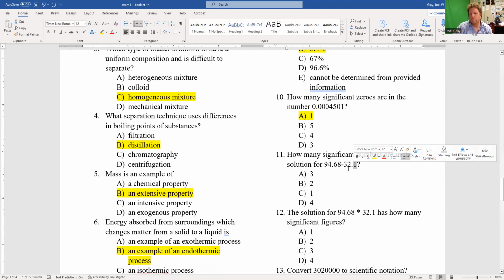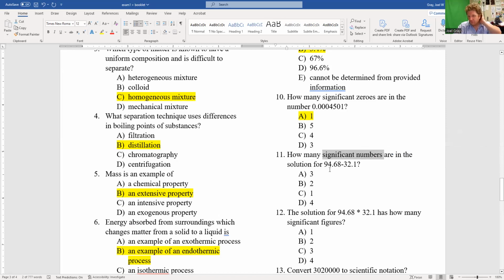And so we have 94.68, so that's 2 digits beyond the decimal, and then 32.1, that's 1 digit beyond the decimal. The question asks us how many significant figures are in the solution. So we have one number beyond the decimal, so that's one sig fig.